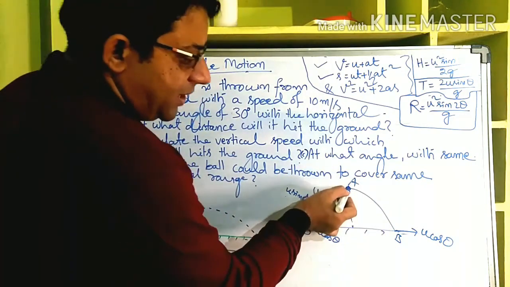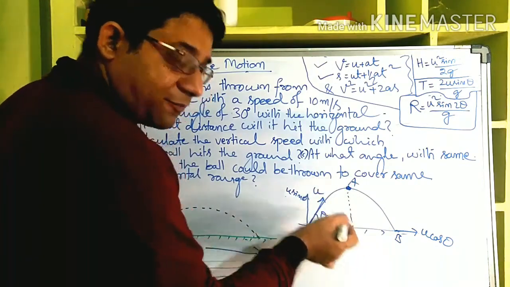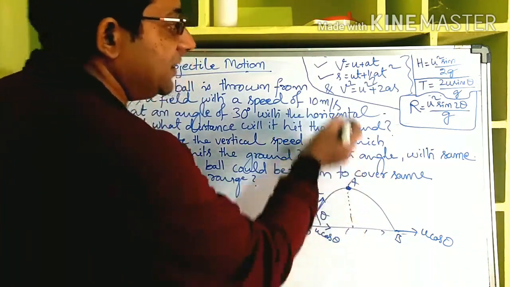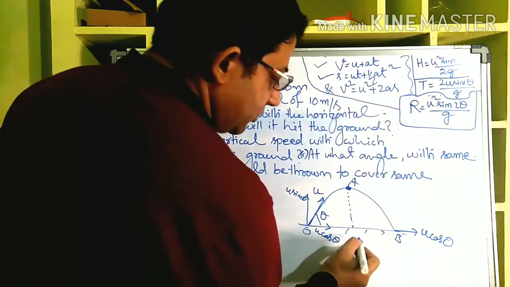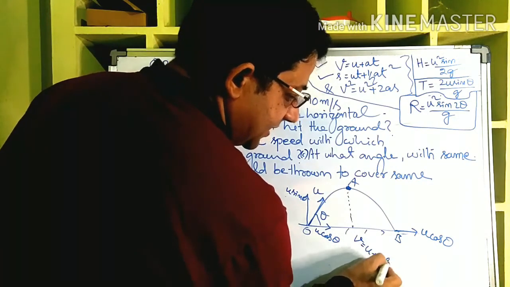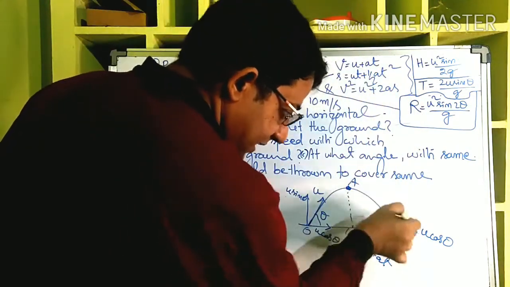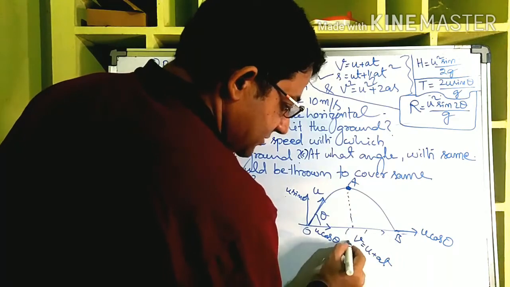Now from A to B, when it falls vertically, we will apply v is equal to u plus at. What is v when it hits the ground, the vertical velocity? We don't know.